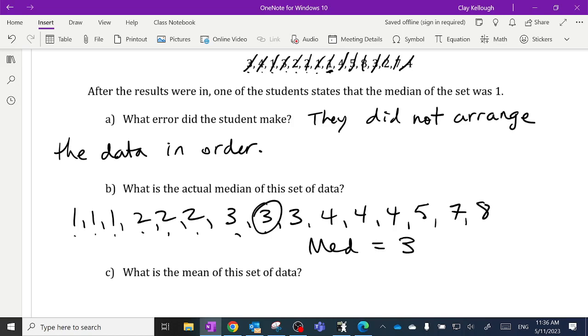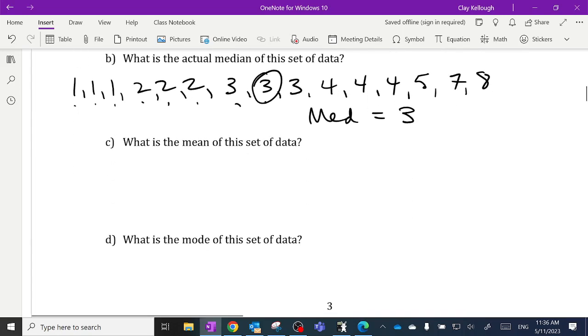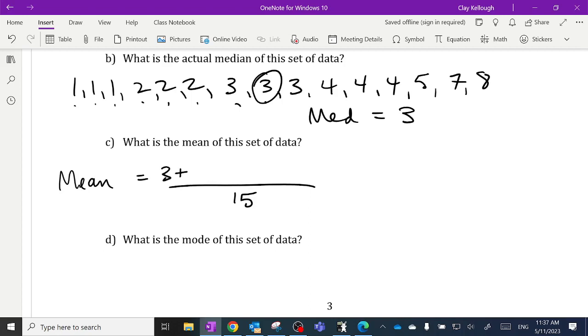What's the mean of this data set? Okay, let's shortcut our life a little bit here. The mean is, again, add them all up and then divide by how many things. Well, I already know from the question, they told me it was 15 things. But why don't I make my life easier? I know what 3 1s is. 3 1s is 3. I know what 3 2s is. 3 2s is 6. 3 3s is 9. 3 4s is 12.